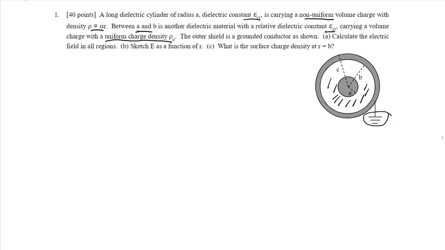Okay, so now that we know all the information given in the question, we need to know the equation we would be using to solve this particular question, and that equation is the closed loop integral D dot dA equals Q enclosed.